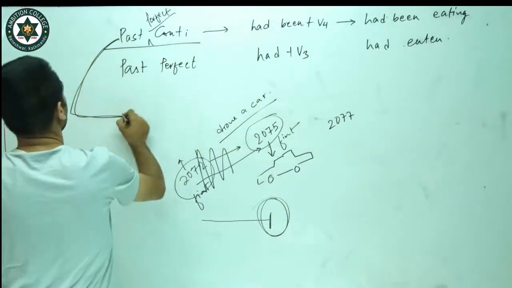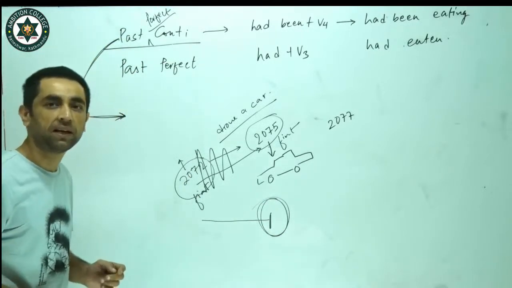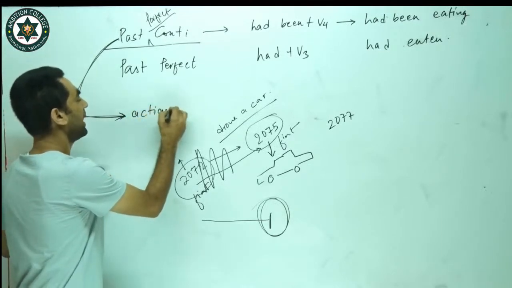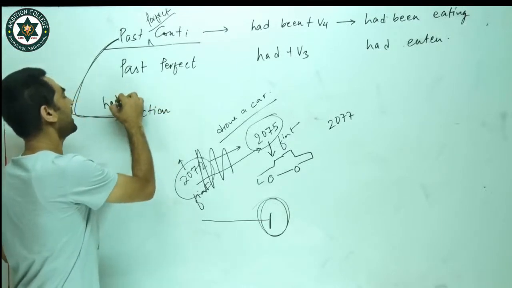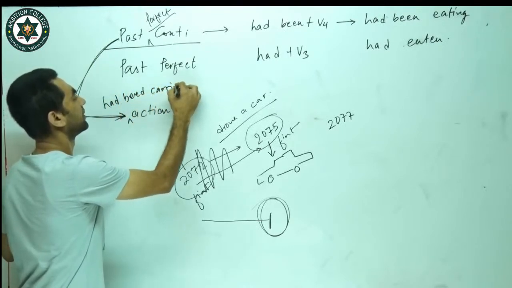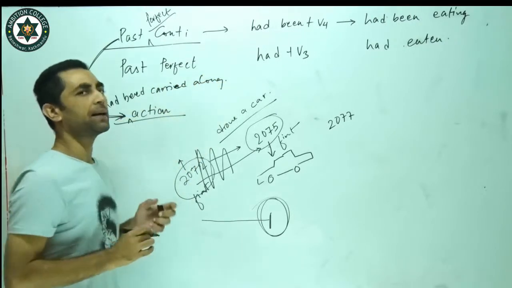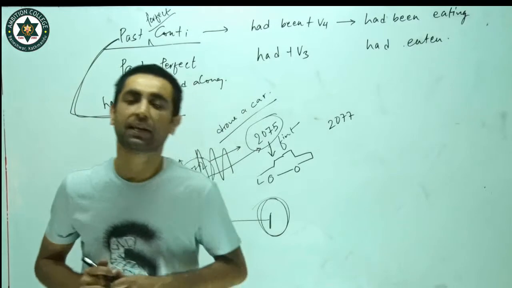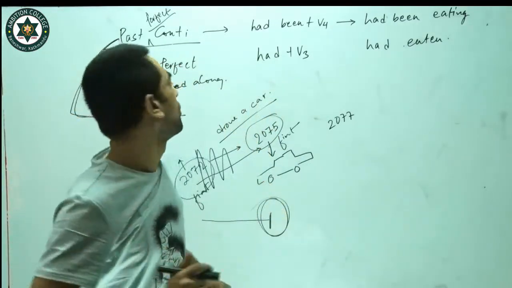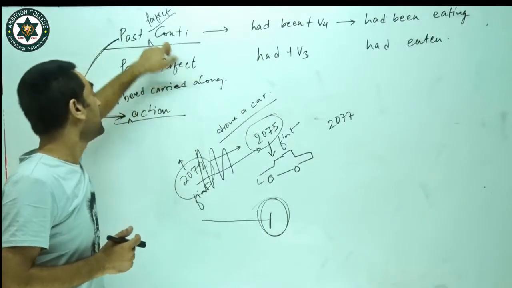This is past perfect continuous, had been eating, to indicate the action that had been carried along, right? So to indicate the continuous action that was happening in the past, we talk about the past perfect continuous.